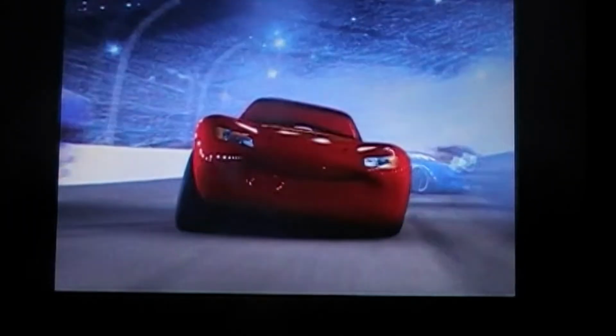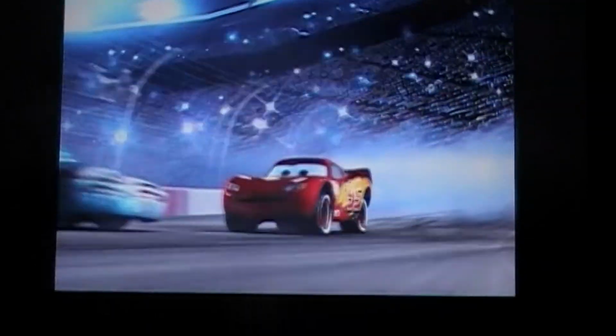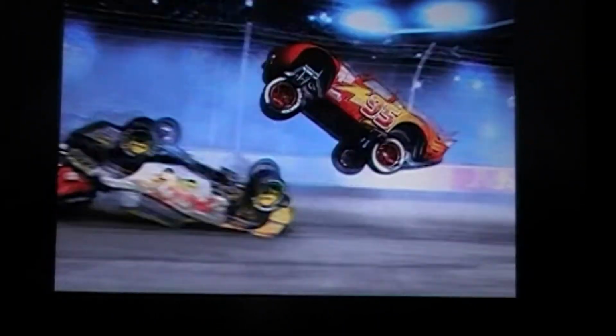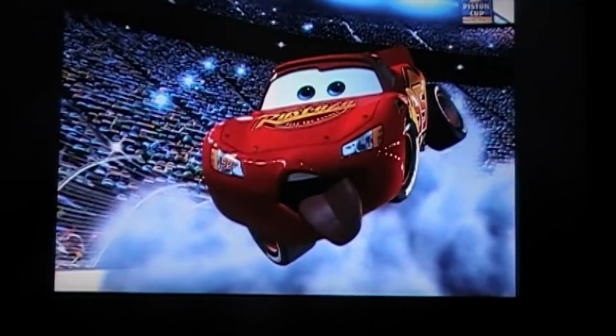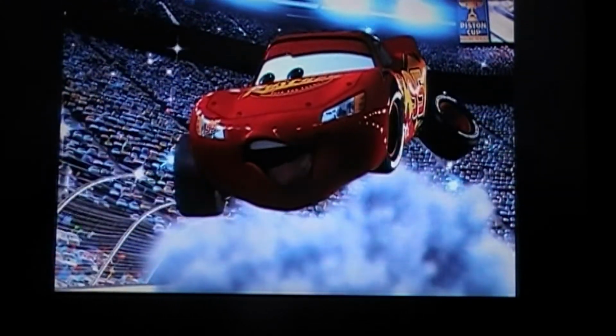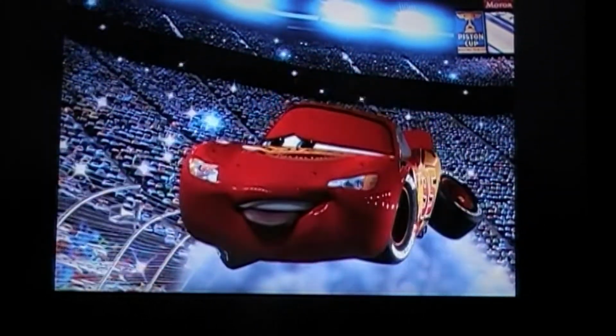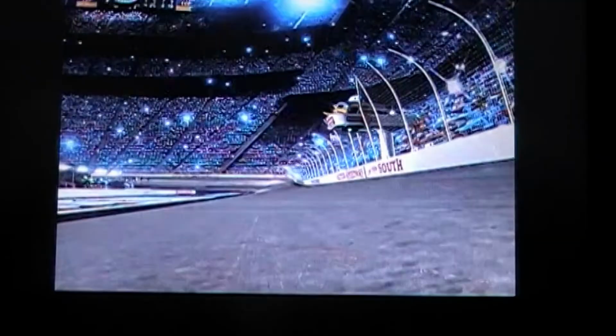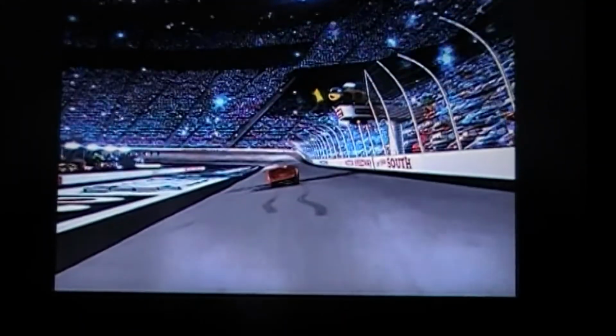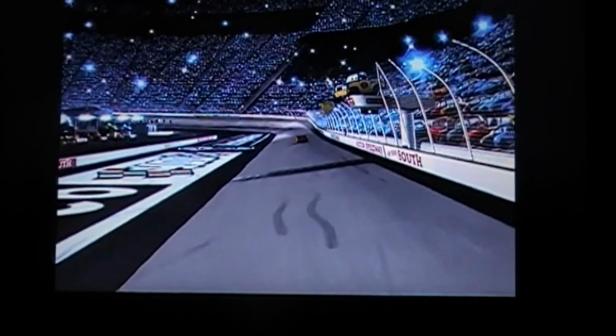There's no way the rookie can make it through. Not in one piece, that is. Look at that! McQueen made it through.